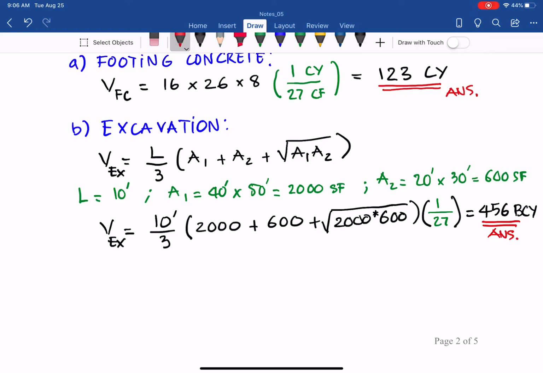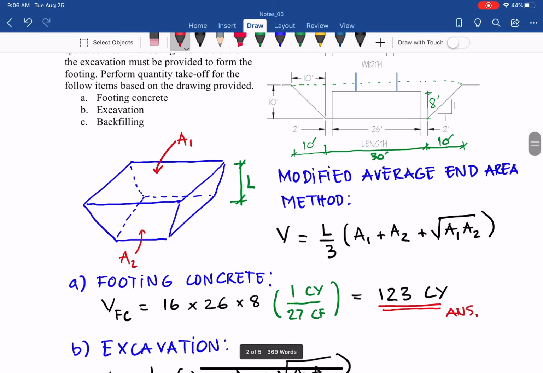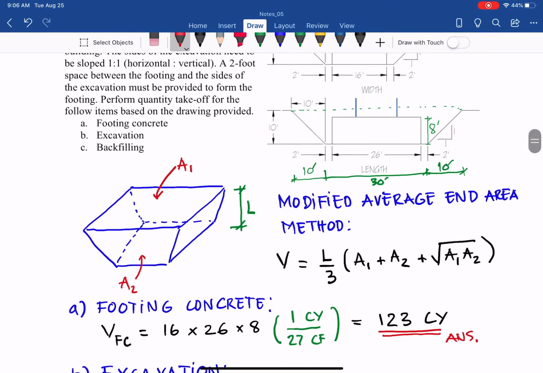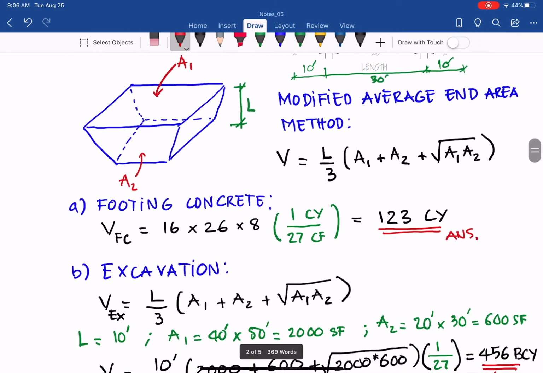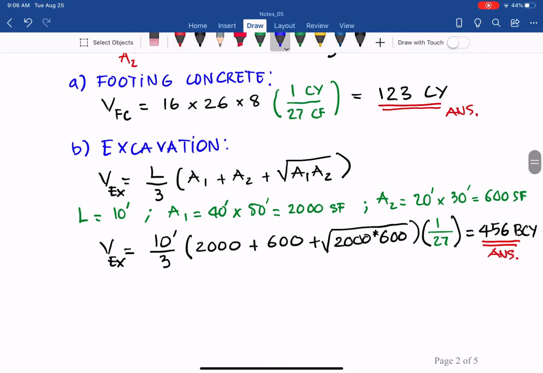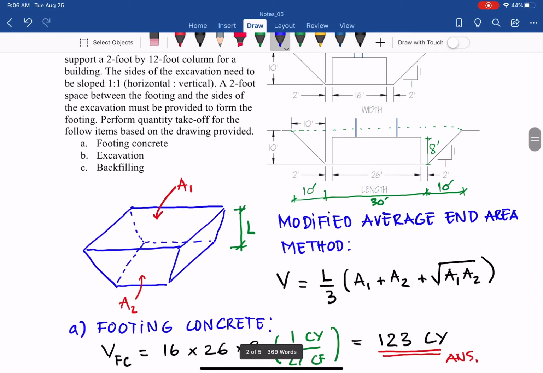And then the third one, what is the backfilling? After you excavate, put the footing on, and then we have to backfill the material so that we can work on top of that, the foundation. So that will be the C, backfilling.